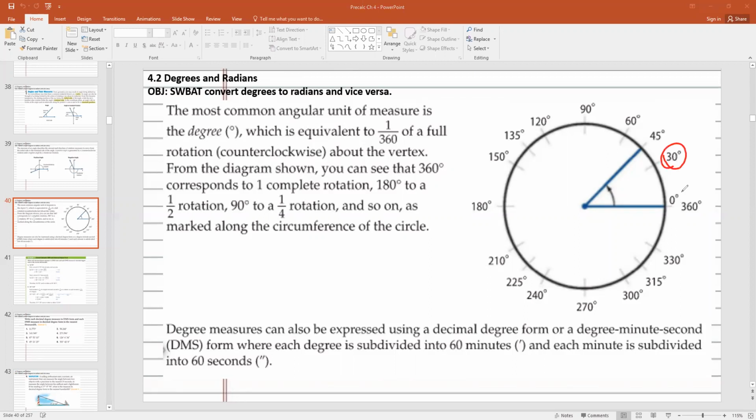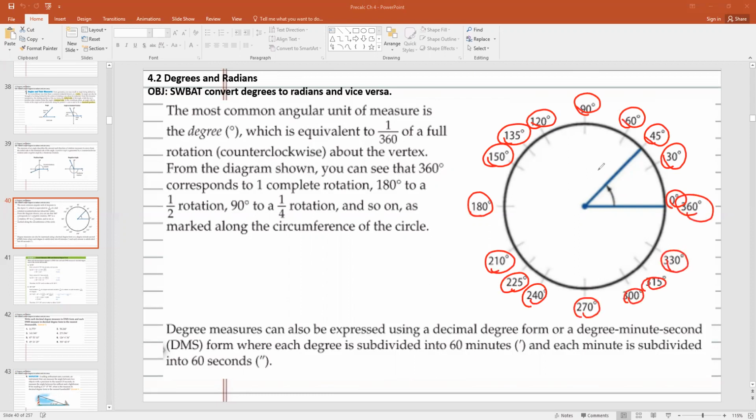0, 30, 45, 60, 90, 120, 135, 150, 180, 210, 225, 240, 270, 300, 315, and 330, and then finally back to 360. All right.